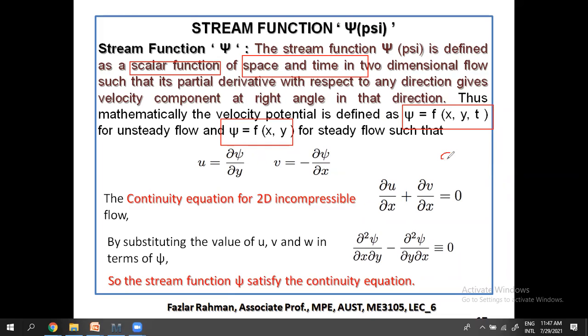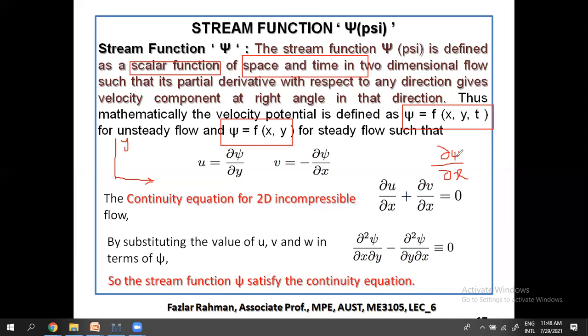So let's figure out, I'd like to take del psi by del x. This is the partial derivative along the x-axis. So what will it give us? A partial derivative with respect to any direction gives the velocity component at right angle to that direction. Along the x-axis I am taking the derivative del psi by del x, so the right angle direction is along y.